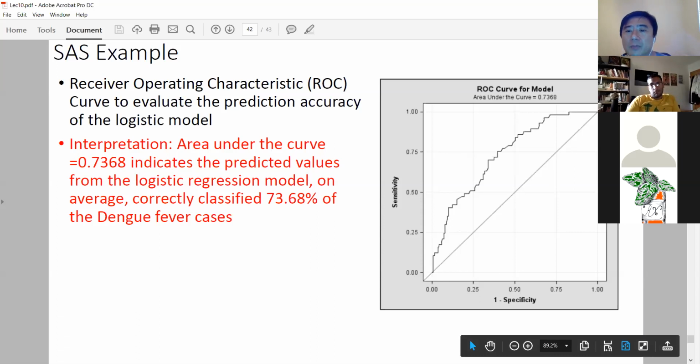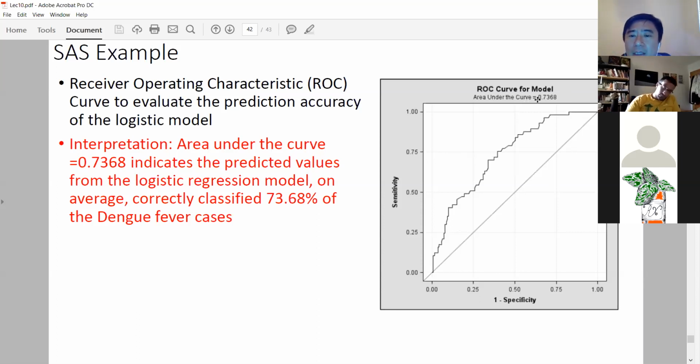I want you to know how to interpret this AUC. Usually AUC will be given after you run the ROC curve. Always you can see a row with the area under the curve. Area under the curve is the same as AUC, which is the short name. So this equal to 0.73 indicates that the predictive values, the predicted probability or risk from the logistic regression model, on average will correctly classify 73.68% of the dengue fever cases.